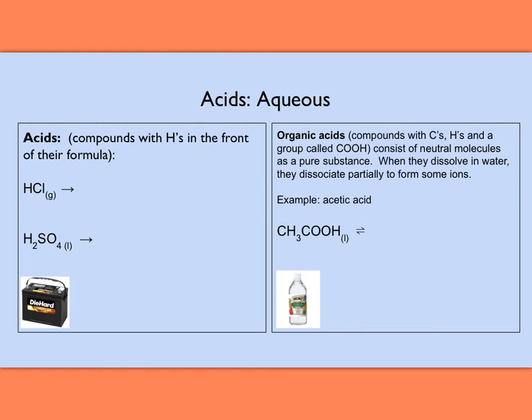We can write dissociation equations for acids dissolving in water. You can identify an acid because it will have a hydrogen ion in the front. So here are the dissociation equations for hydrochloric acid and sulfuric acid. Hydrochloric acid all by itself is a gas, but if we dissolve it in water, that hydrogen ion in front will come off, and we'll also get a chloride ion.